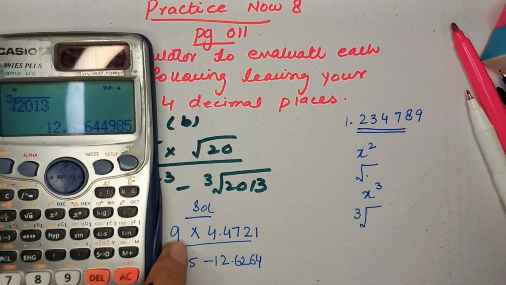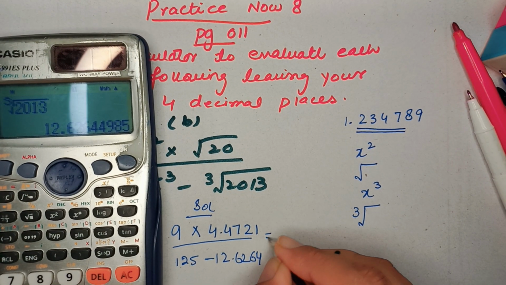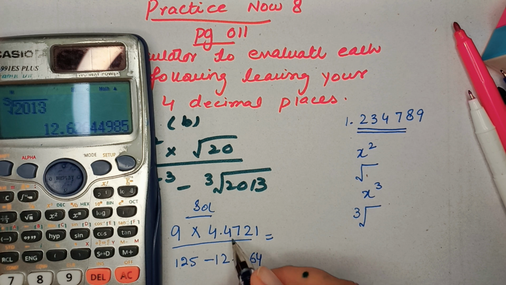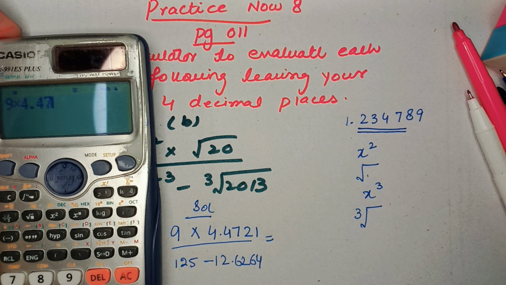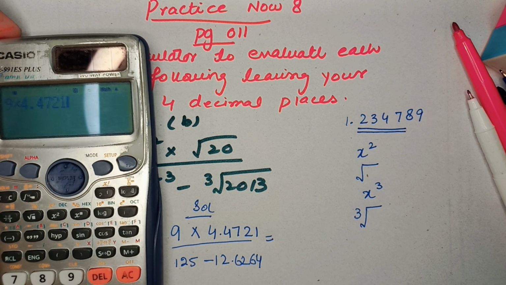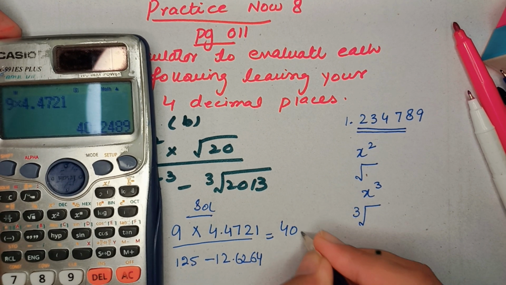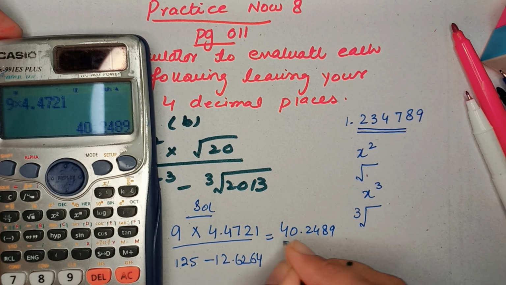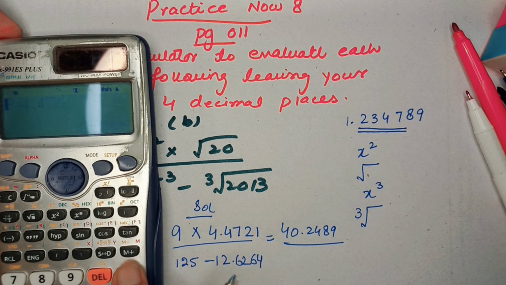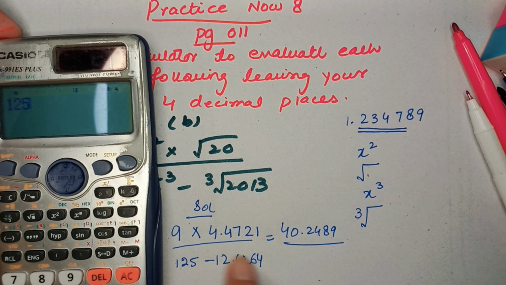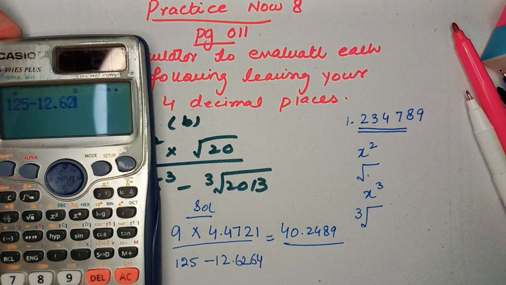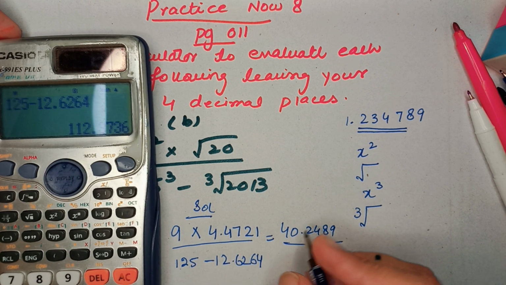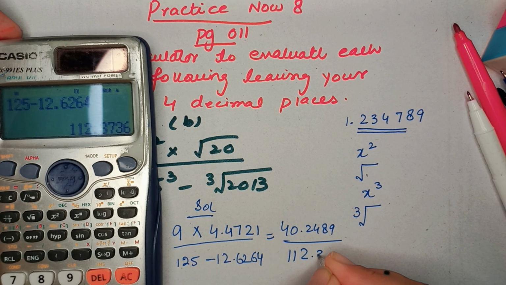Now dear students, I will just simplify it. How can I simplify? I will multiply this 9 into this, so 9 multiplied by 4.4721, I will get 40.2489. Then I will subtract 12.6264 from 125, and I will get this one.